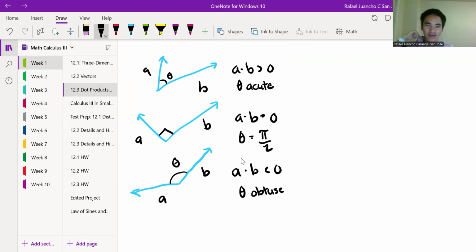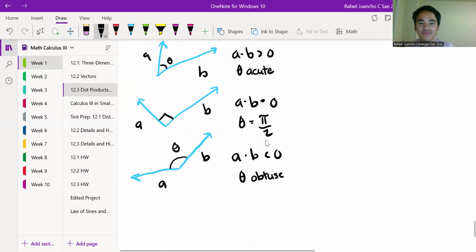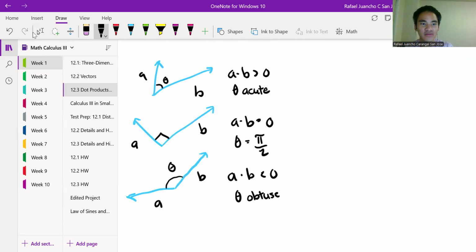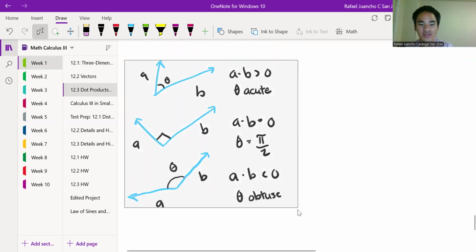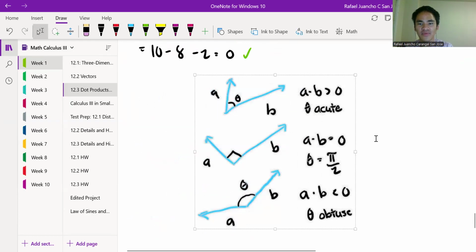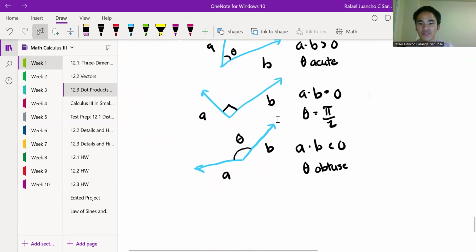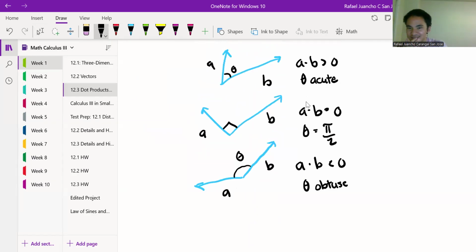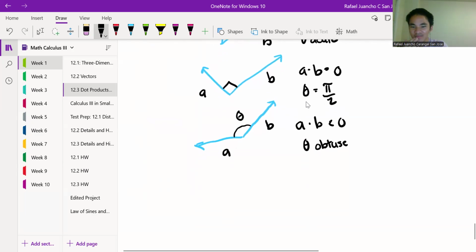So that's how we can tell the angle, given that we have two vectors that are adjacent to each other. We can use the dot product to determine our angle. We can get a general sense of it, or we can pinpoint exactly what the angle is in radians or in degrees.